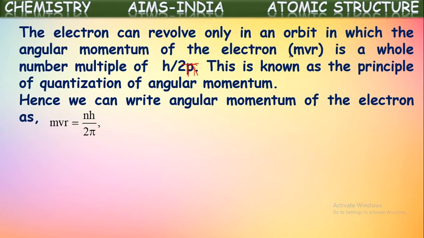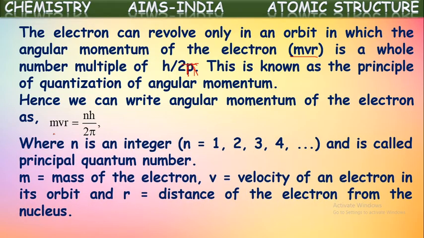We told angular momentum is equal to multiples of h by 2 pi, so h by 2 pi into n. It can be commonly written as mvr is equal to nh by 2 pi, where this n is the integer which represents the orbit number or principal quantum number, the number of the orbit in which the electron is present, and m is the mass of the electron, v is the velocity of that electron, r is the radius of that orbit in which the electron is located, or the distance of the electron from the nucleus.